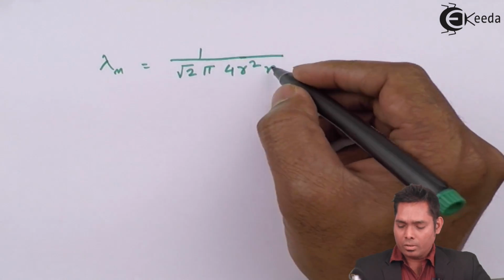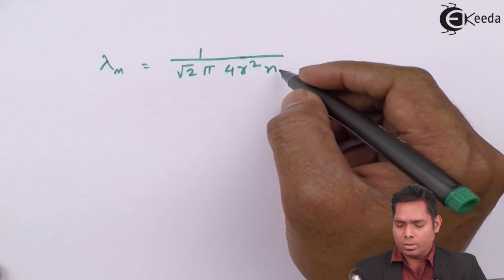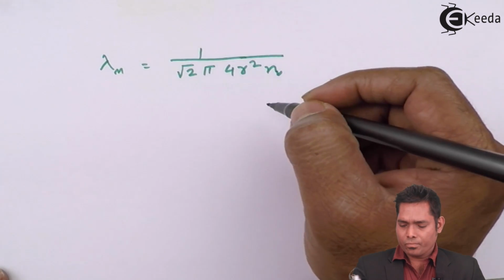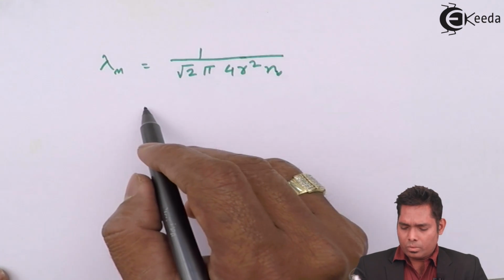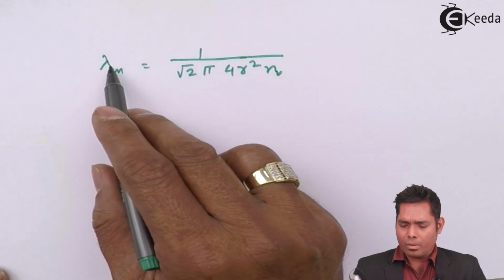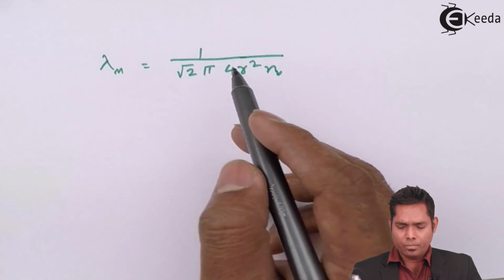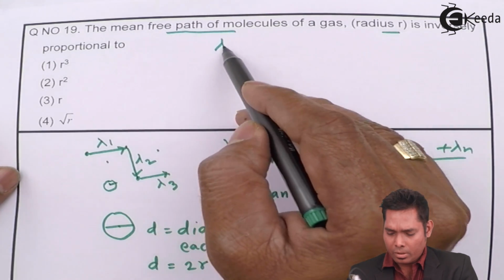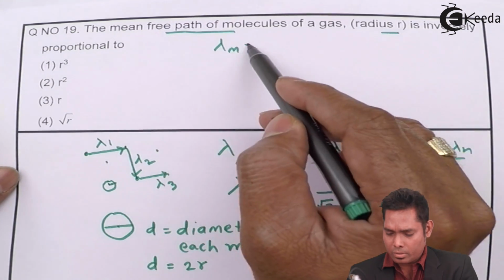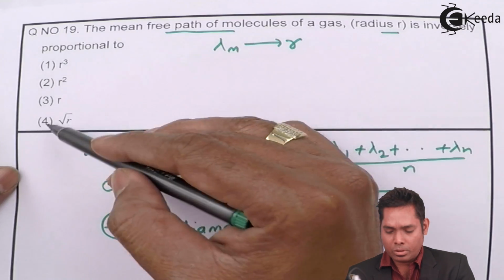Here n is the number density of the gas molecules. Now, if I relate this lambda with r, because the question asks how this lambda mean is related to r, you have to find it. These are the options.